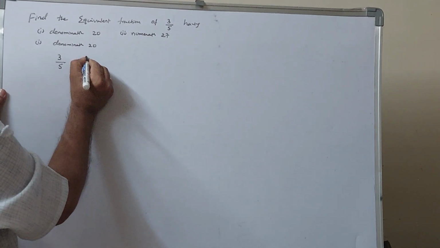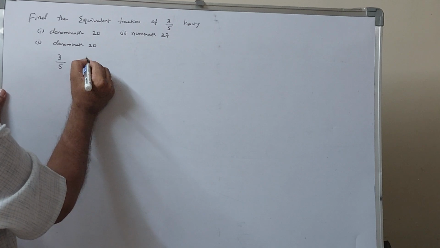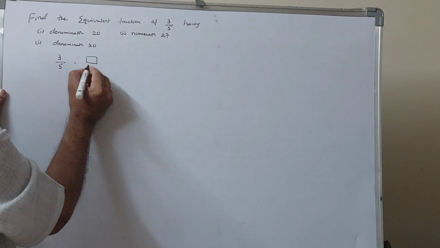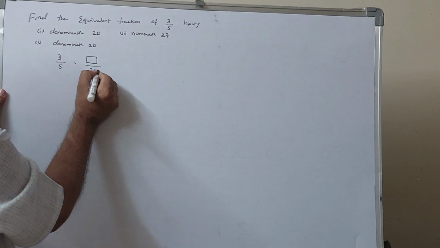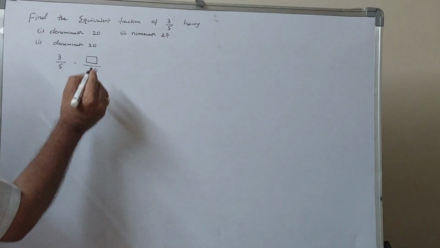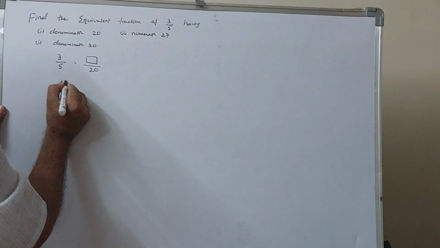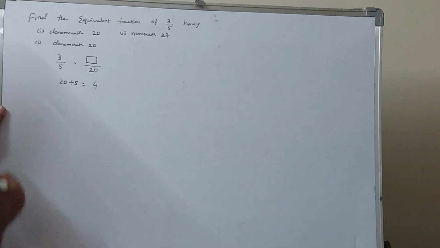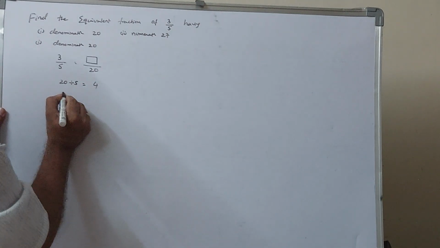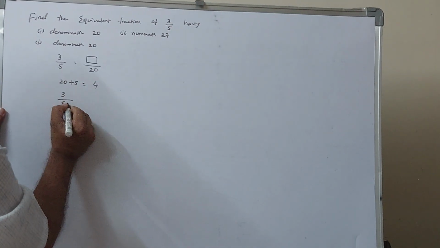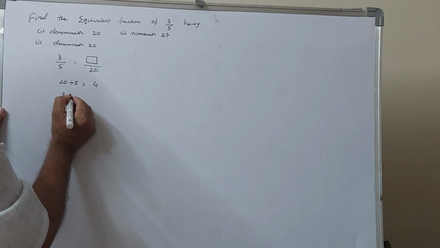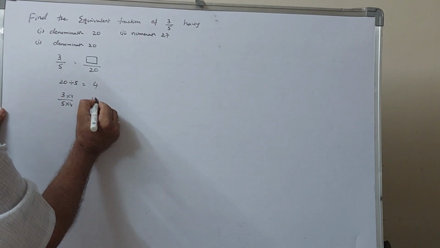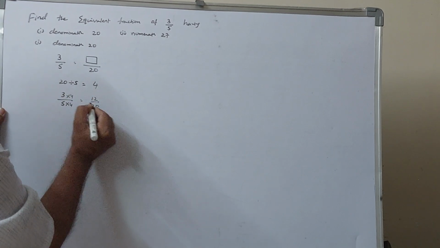You have to find the numerator. Denominator is 20. So 20 divided by 5 is equal to how much? 4. Okay. So 3 by 5 into 4: 3 4s are 12, by 5 4s are 20.